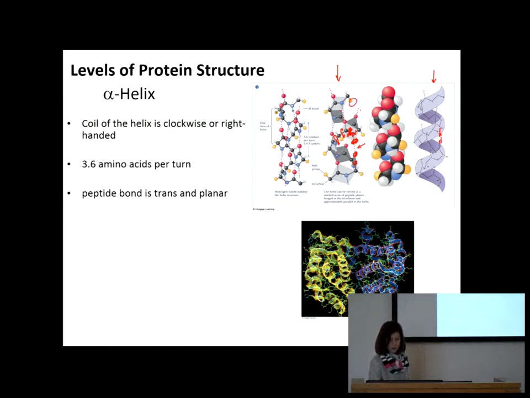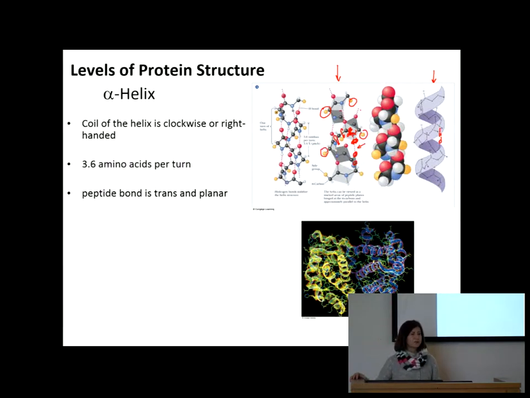Where are the R groups? On the outside. All on the outside of our alpha helix. So you can imagine our spiral staircase, with the R groups on the outside ready to interact so that the alpha helix can fold up and interact with other alpha helices or other groups in our protein.